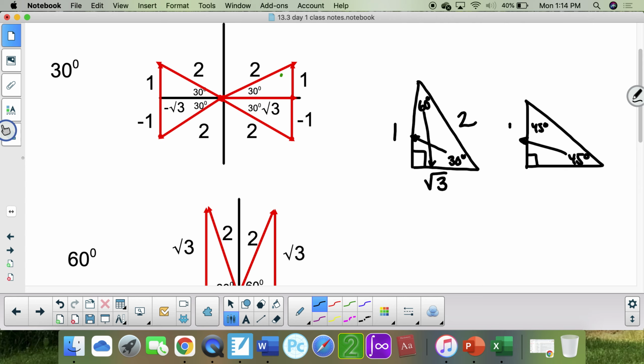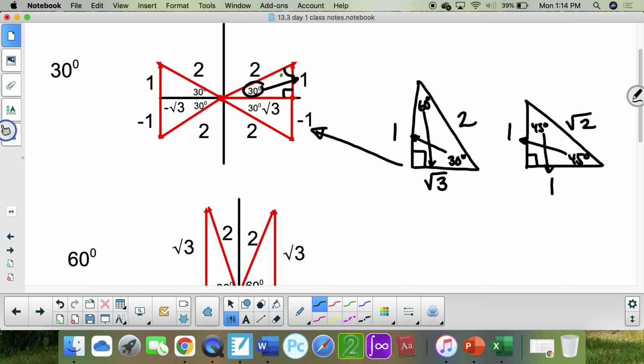Opposite of 45 is 1, opposite of 45 is 1, and the hypotenuse is √2.